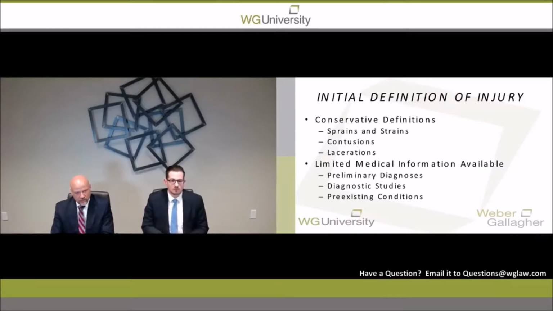And one of the themes of today is very much that once you accept a specific type of injury, it's very hard to undo that. So generally in that first 21 days, the types of injuries that you're going to want to accept are going to be those less severe sprain strains, contusions, because you want to make sure that you have your medical professional reading a diagnostic study and giving you an unequivocal opinion that the more severe types of injuries, such as tears or herniated discs, things such as that, are related to the work injury.